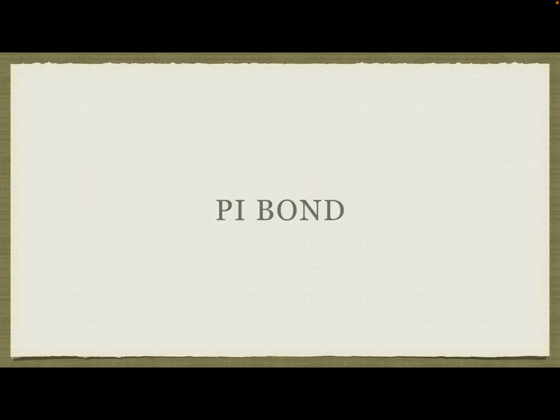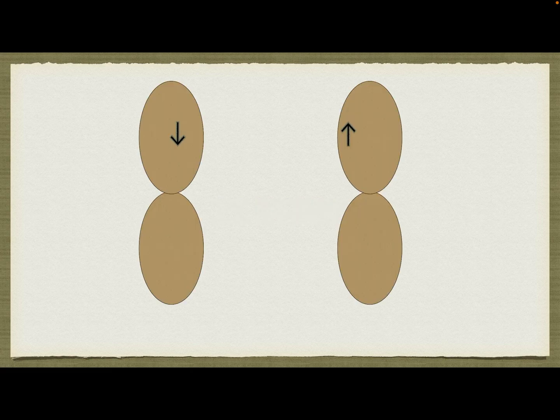Alright. While pi bond pula, okay, pi bond ni dia akan berlaku bila p orbital overlap with p orbital juga, but sideways. Okay, tadi p orbital dengan p orbital tu overlap end to end, hujung ke hujung. Sekarang dia overlap sideways, maksudnya sisi ke sisi.